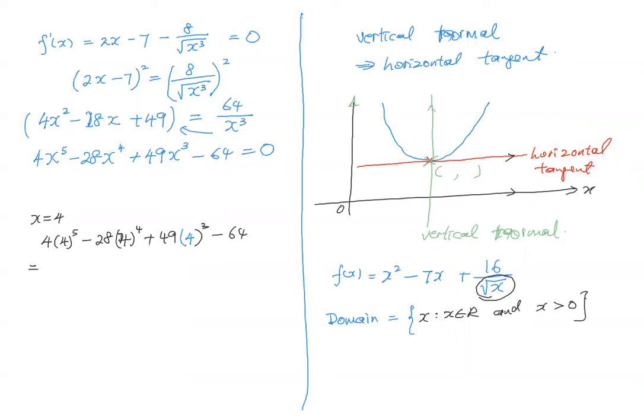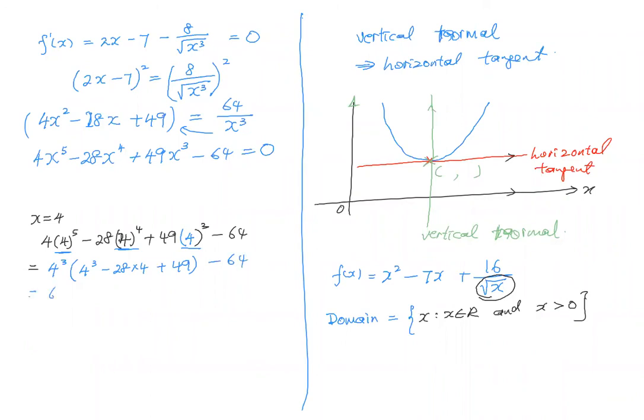I can take out the common factor first. That is 4 to the power of 3. All right. So this will be 4 to the power of 3 times 4 squared minus 28 times 4 plus 49, then take away 64.